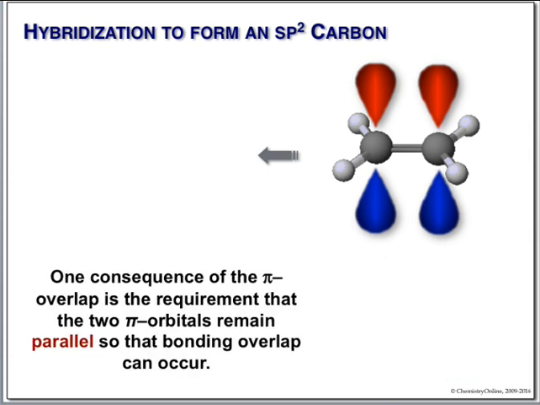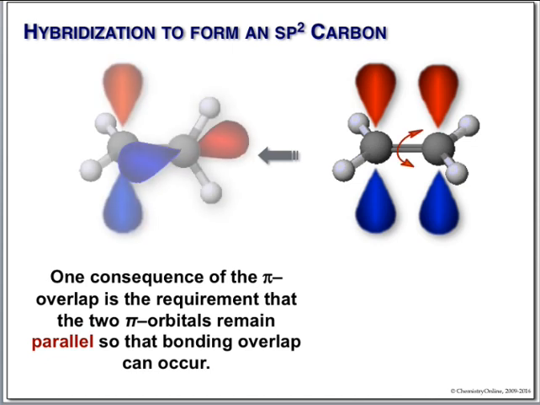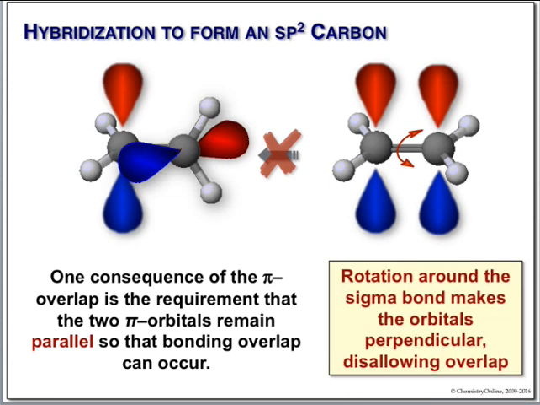Remember I said that these have to line up. So if we tried to rotate around this bond, we would wind up with these guys not lined up. So the bottom line here is you can't rotate. Once you form that pi bond, you're stuck with it.